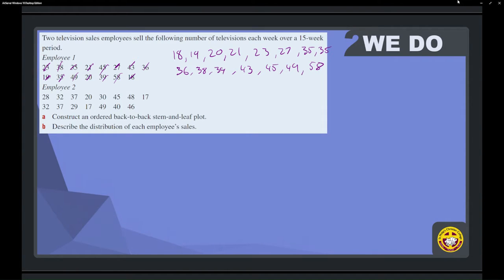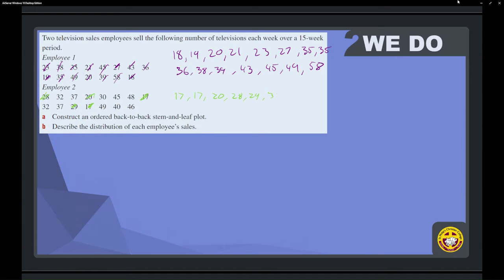All right, and then the second group. $20, $28, $29.